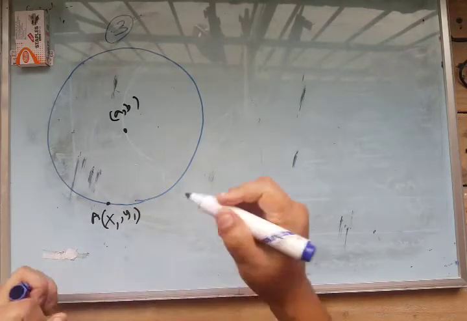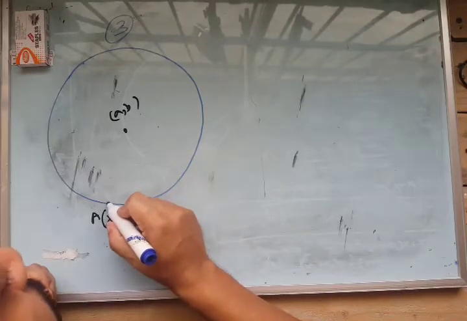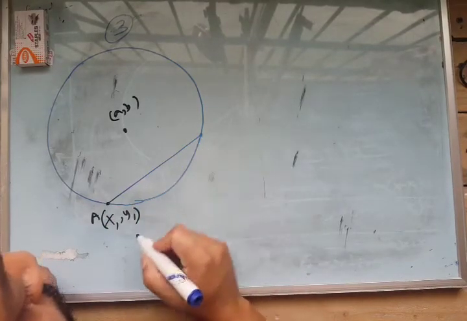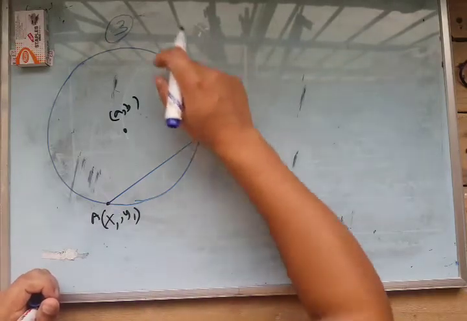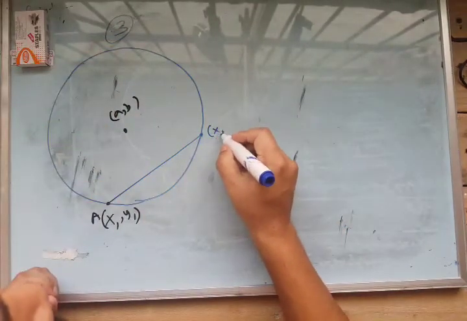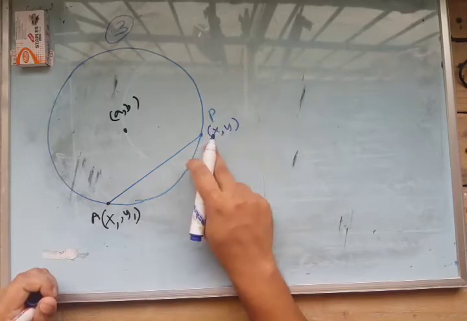right? So I can find a general point on this circle. Let's call it x comma y, a general point.